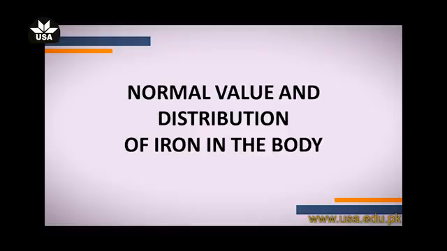Iron is also necessary for the formation of other substances like cytochrome, cytochrome oxidase, peroxidase and catalase. If we discuss the normal value and distribution of iron in the body, we have to know the total quantity of iron in the body, which is about 4 grams.